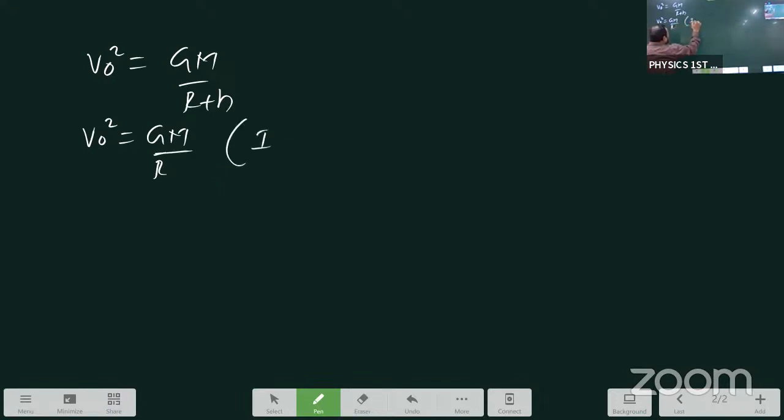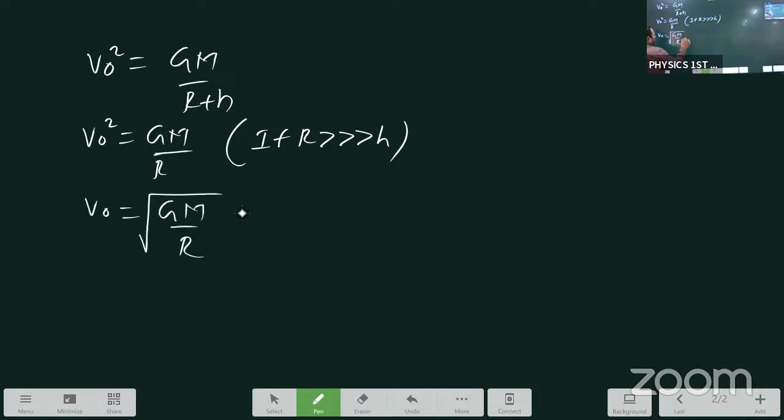The reason: R, the radius of the Earth, is 6,400 kilometers. Compared with that, the height of the satellite is small, like 36 kilometers, 40 kilometers, or 50 kilometers. Since capital R is a very big value compared with small h, we neglect small h. VO equals under root of G M by R. This is one equation for orbital velocity.